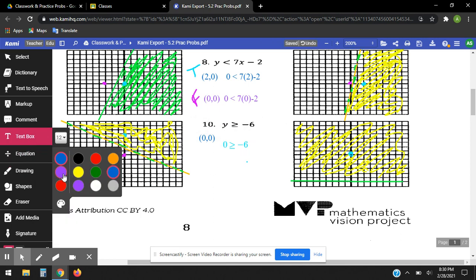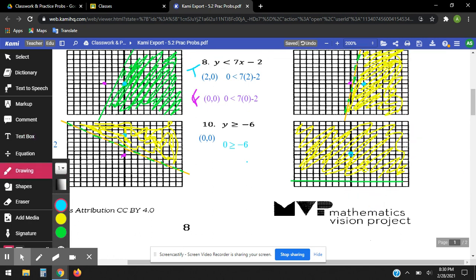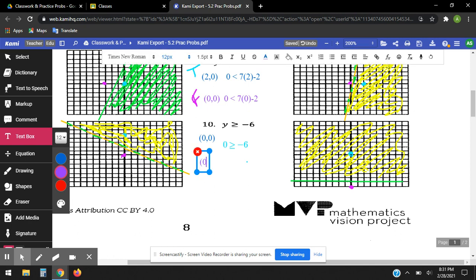How about a non-solution? Let me draw. Let's go down to 0, negative 7. Go ahead and try that one. 0, negative 7.